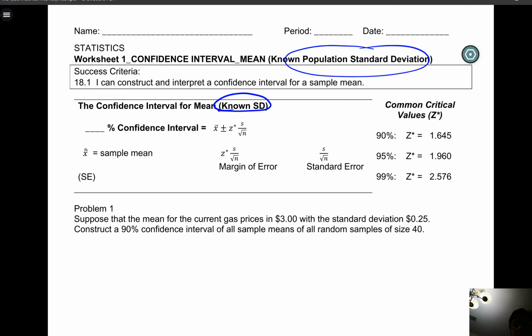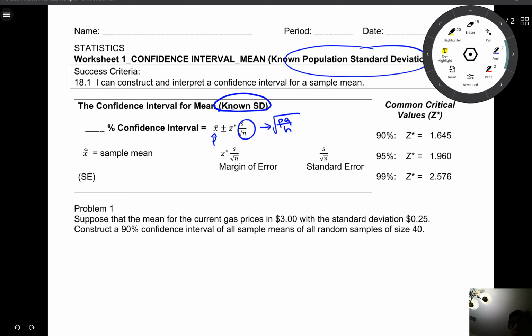Okay, so if you remember the proportion, what you did last week was that this one was p hat, and then this one right here used to be the square root of pq over n. That was last week. So that's the difference right here.